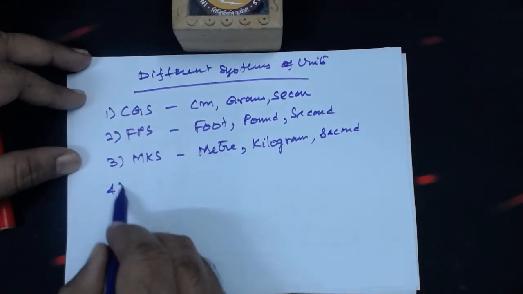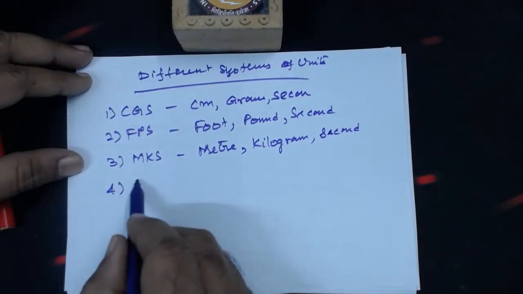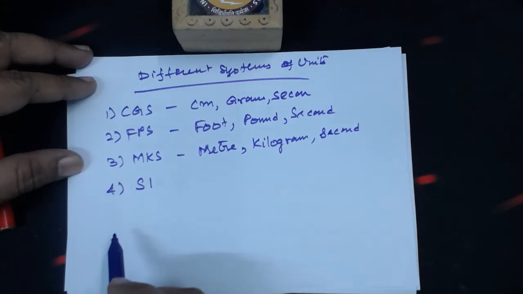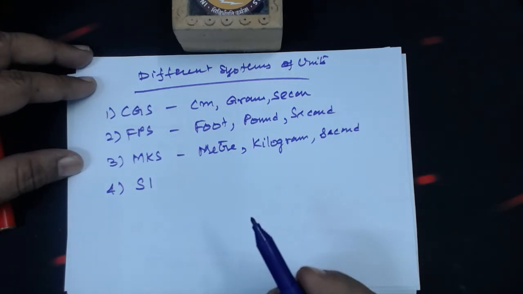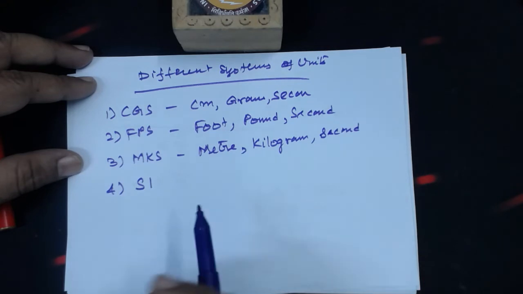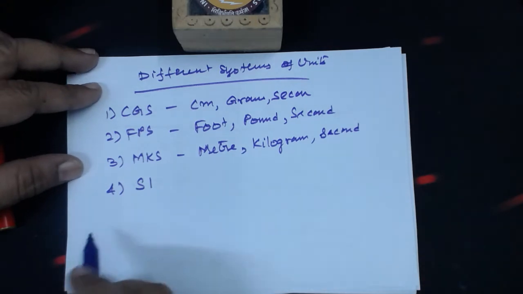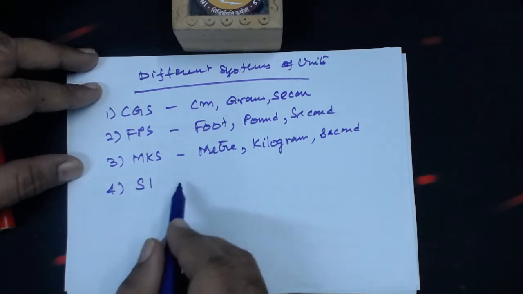Now we have the SI unit. It is called Système International d'Unités. That is the French name given to the International System of Units.